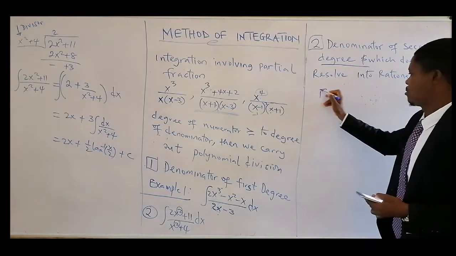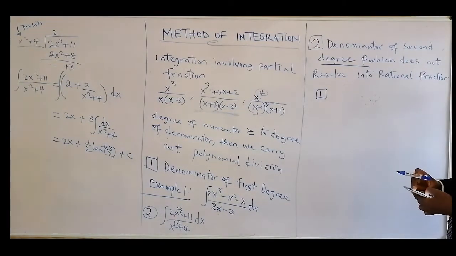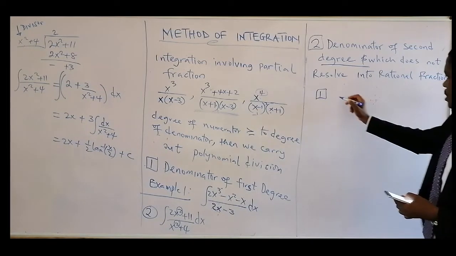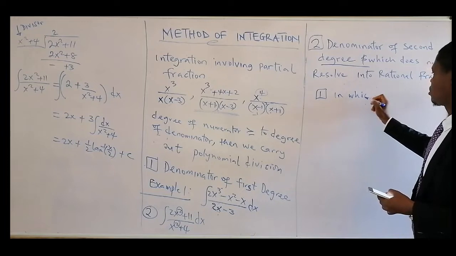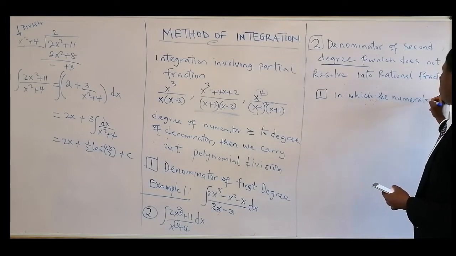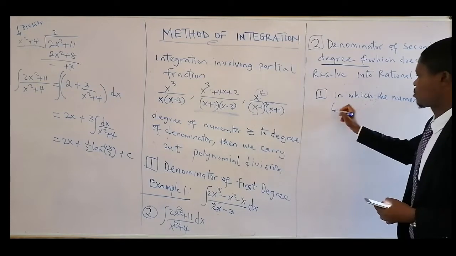Then we're looking at 2 cases here. Case 1, in which the numerator is constant.